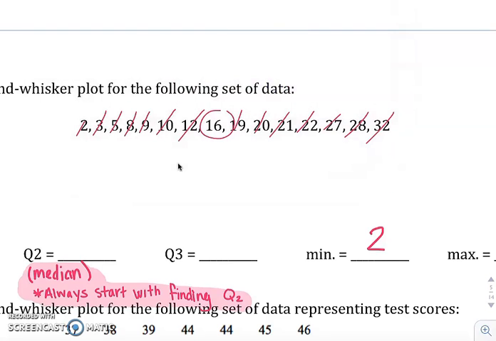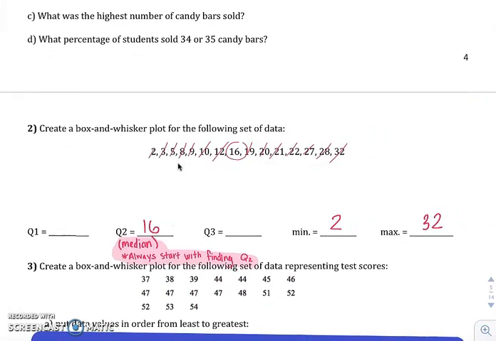So once you find that median, that's your Q2. So what happens is you guys ultimately just find the median 3 times. So you find the median for the whole set, that's your Q2. Then what you have to do is find the median of the upper half and the median of the lower half. That's going to be Q1 and Q3.